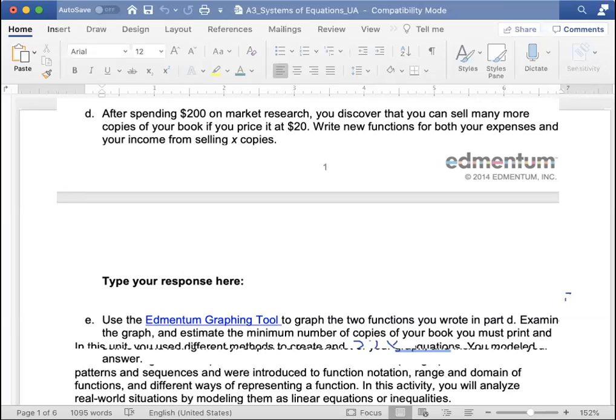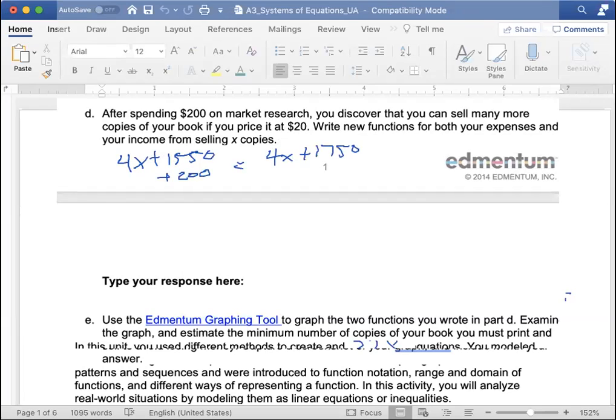So 4x plus 15.50 was the original cost of producing the books, plus the 200 on market research, right? Then the new equation for the cost of producing the book was 4x plus 215.50.